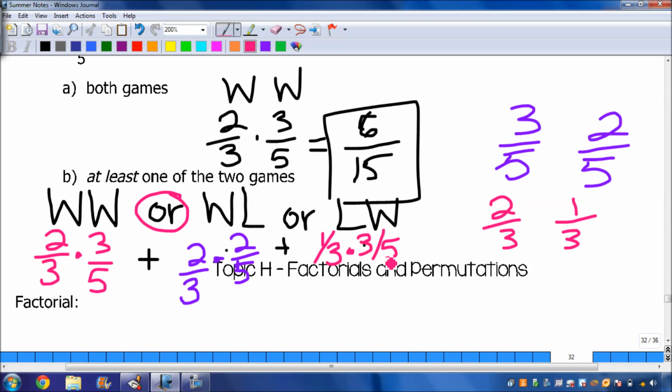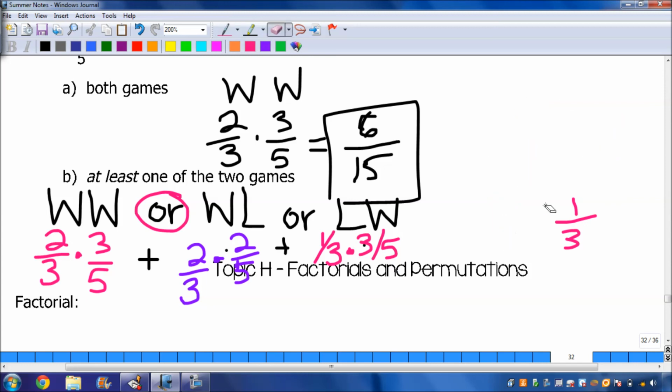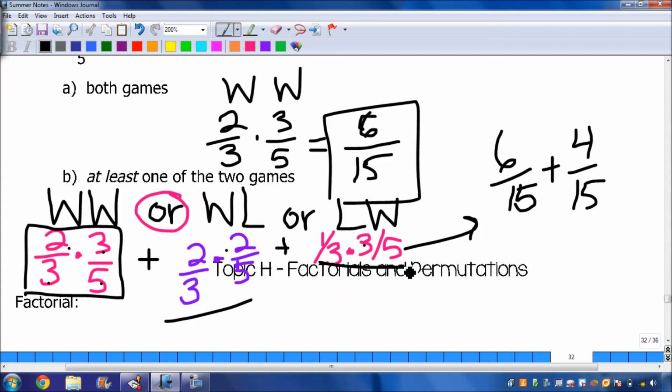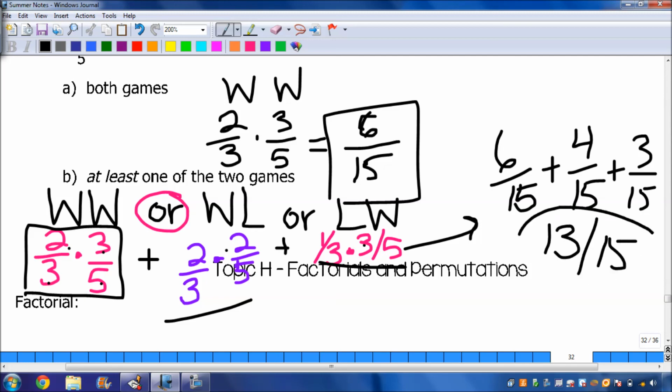Okay, so when you multiply all of this together, the first becomes 6 out of 15, the second becomes 4 out of 15, and the third becomes 3 out of 15. So altogether, my final answer is 13 out of 15.